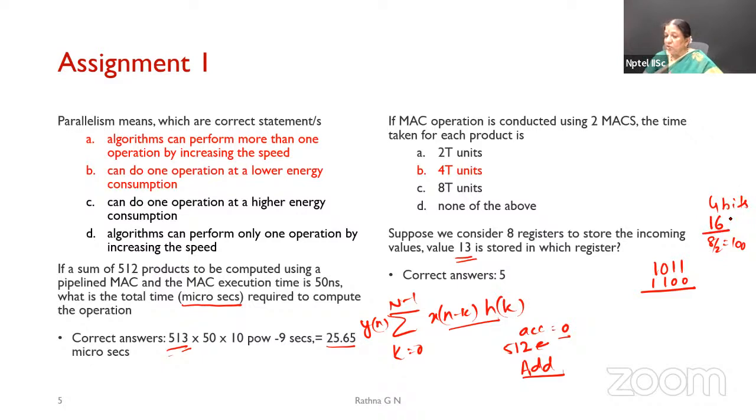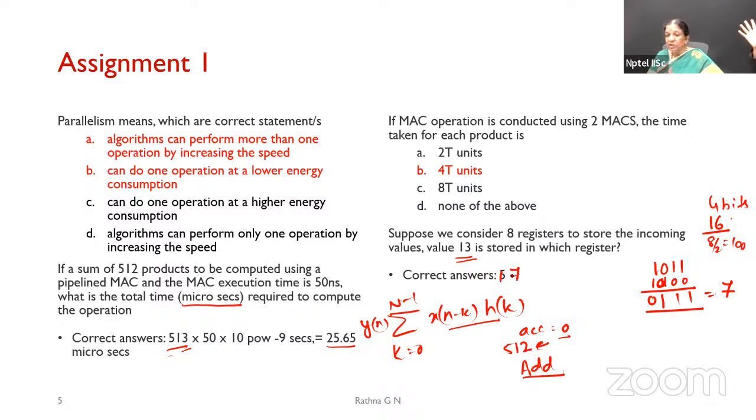So if we consider 100, 16 by 2 is 8, which is the value we are going to have. Then when I add with it, 1 plus 1 is 0, carry 1, and then 1, 1. So the answer in this case is that the 7th register will be holding the result value. The correct answer has to be 7.